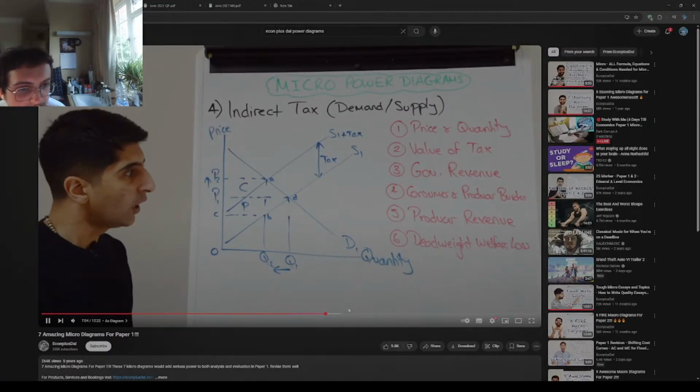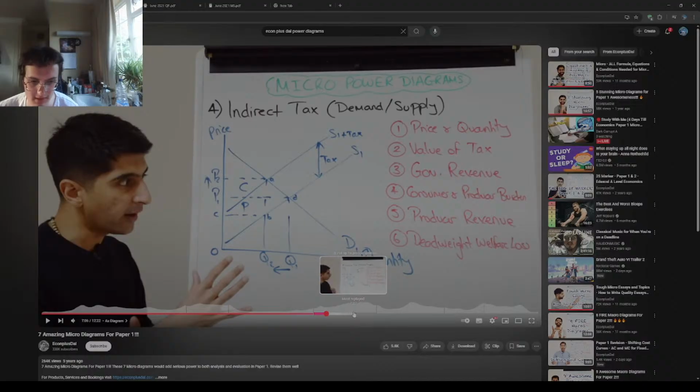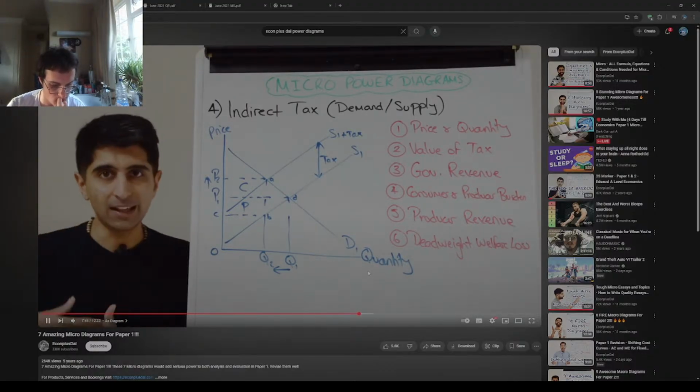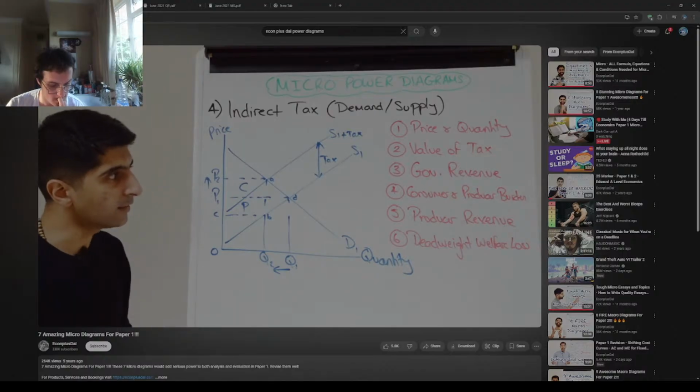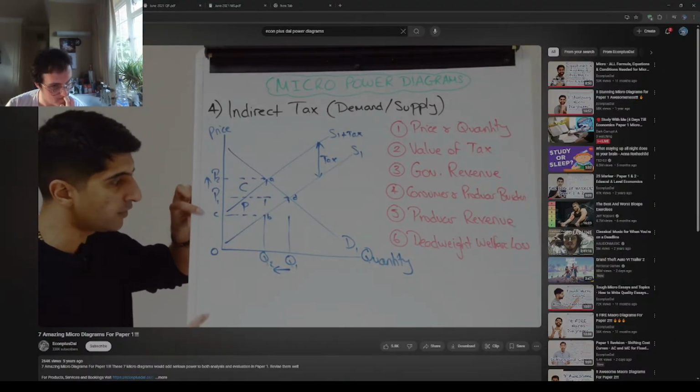Given market failure. Producer revenue. What do you mean by producer revenue? The consumer burden or the consumer incidence. The rest is the producer burden or the producer incidence. Your producer revenue is area CBQ20.